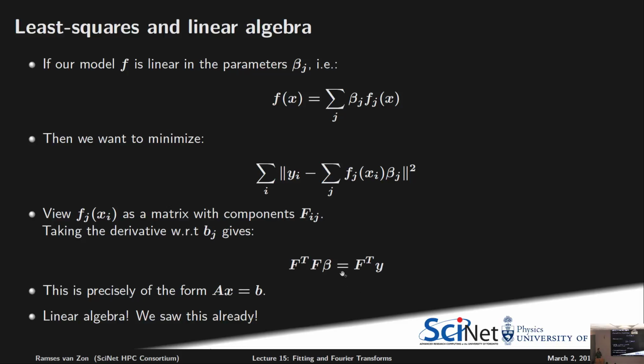So this is another way to look at this. Fitting in the least squares case gives you linear algebra. In the nonlinear parameter case, it gives you root finding. And all of that is already taken care of in the GSL, right? So you don't have to recode that, but that is what's happening.